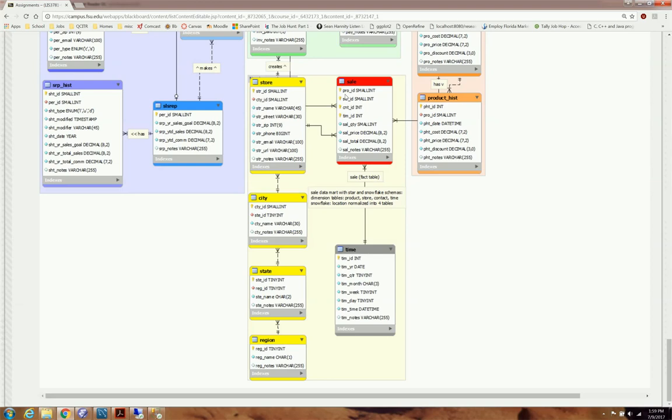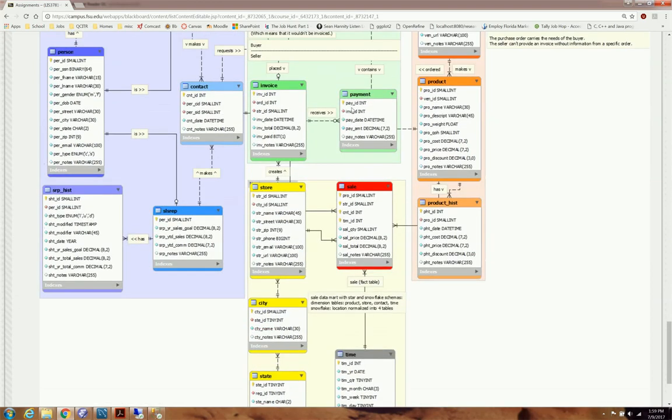Now notice how, by the way, a fact table contains the foreign keys of its respective dimension tables. So the dimension table here for sale, one of them is product. You see product ID is a primary key in the product table, but it's a foreign key in the sale table.